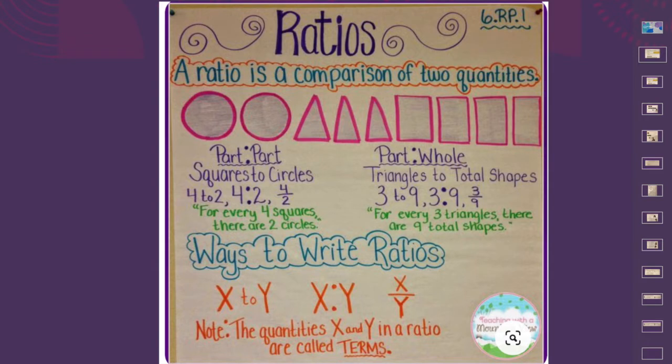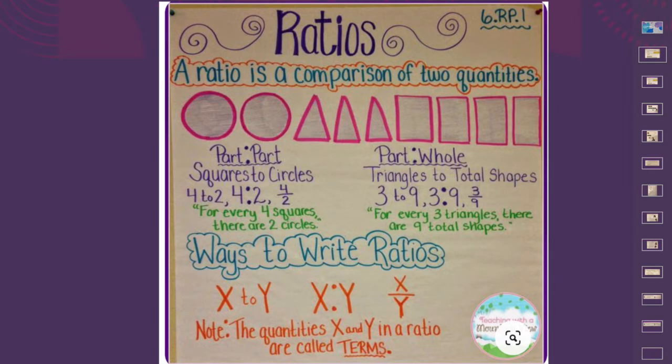One ratio is a part-part ratio, and this is where you're comparing two sets within a whole set. You could have a part-whole ratio, which is comparing a set with the whole. There are two examples of this where we have three different shapes: circles, triangles, and squares.